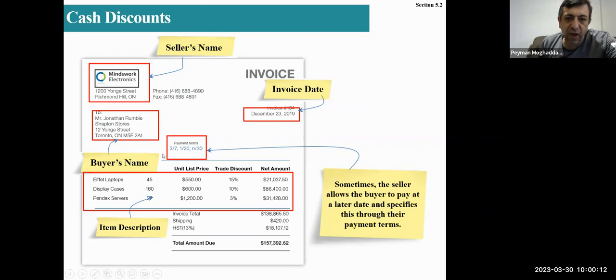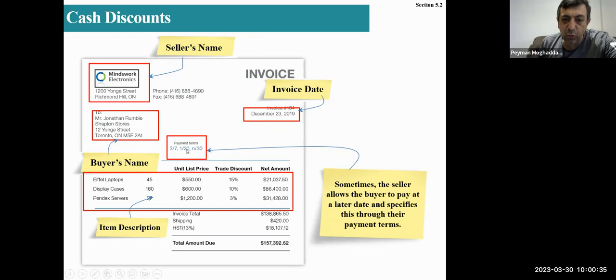So basically, you give the buyer 30 days to pay. If the buyer pays within 7 days, they get 3% discount. If the buyer pays within 20 days, they get 1% discount. If the buyer pays within 30 days, they have to pay the whole price. Okay, what this means is that between day 0, the invoice date, and day 7, you get 3% discount.